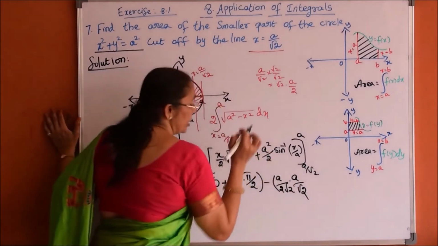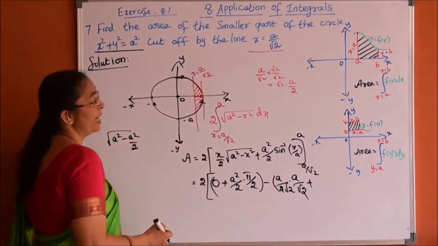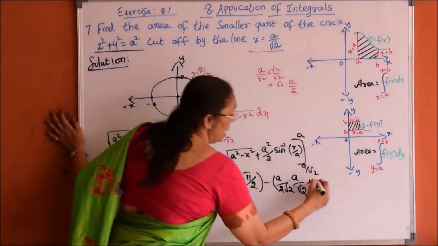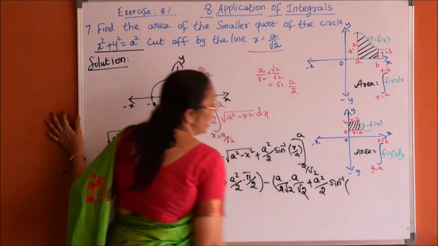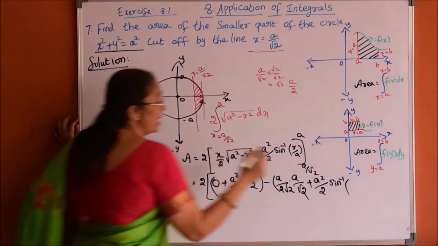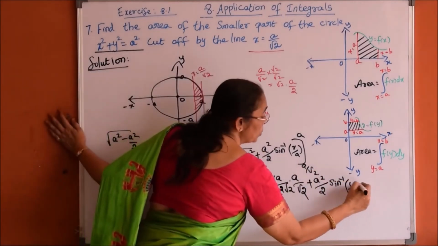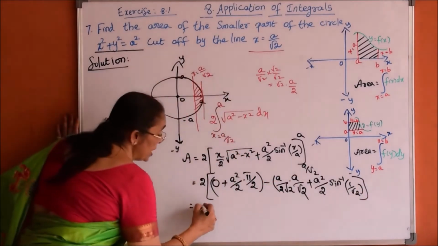Now, for the lower limit here, in between first I will keep the plus sign, afterwards we can take this negative sign inside. A square by 2, sine inverse of x by a, so a by root 2, again a is there, a gets cancelled, 1 by root 2. So, we applied the limits twice.